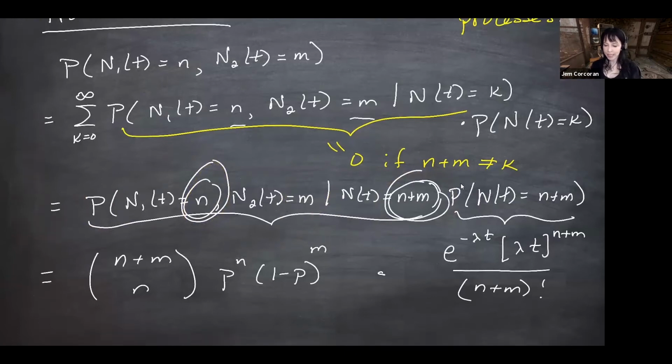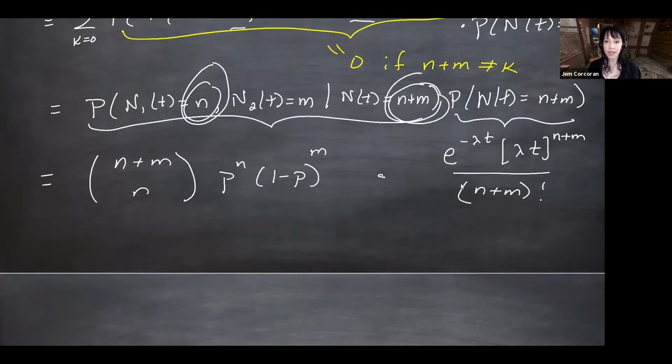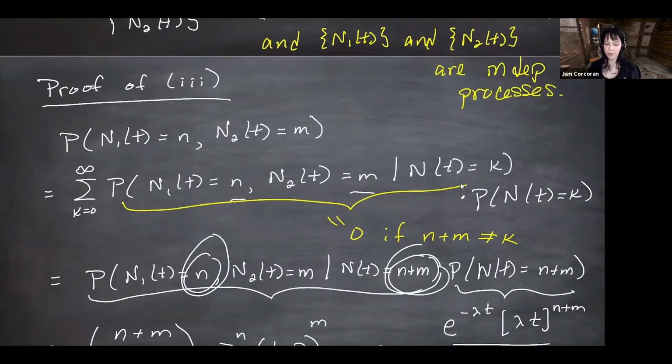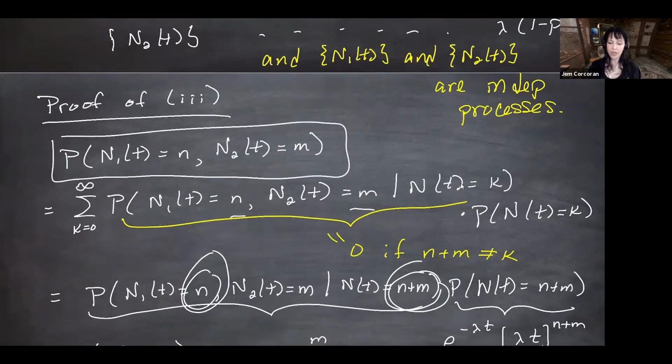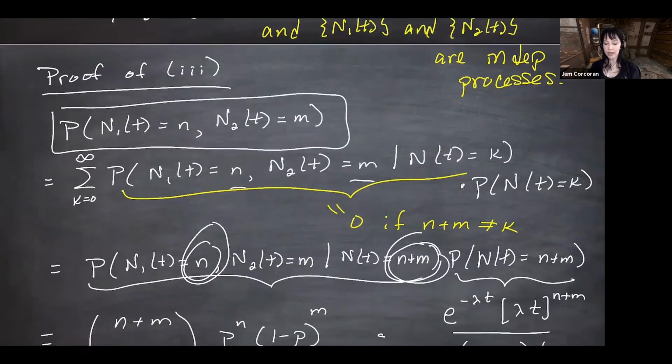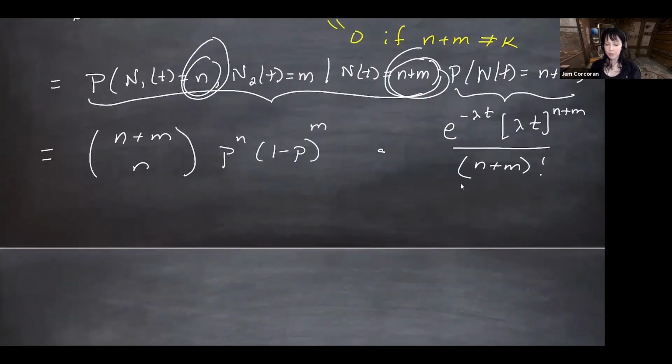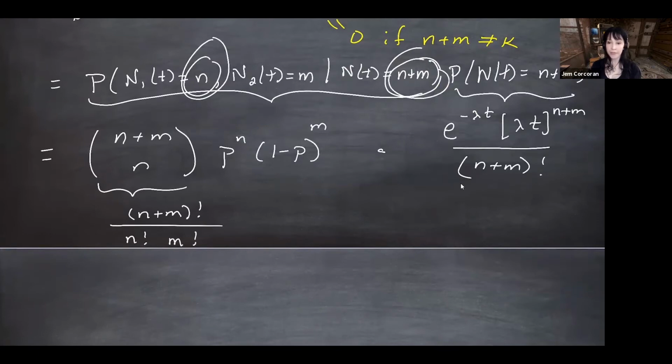So what am I going to do with this? I started with this, and I'm trying to pull it apart so that the result looks independent and also Poisson. I know exactly what kind of Poisson I want to see, but I am going to do this kind of fast. So this is n plus m factorial over n factorial m factorial, and I'm going to collect terms.